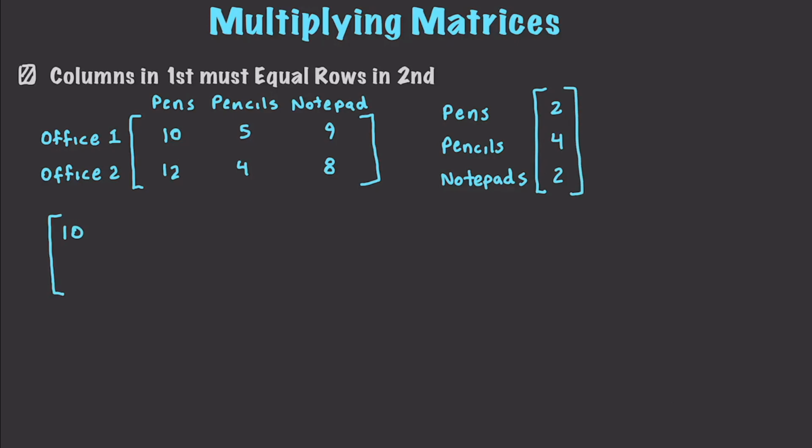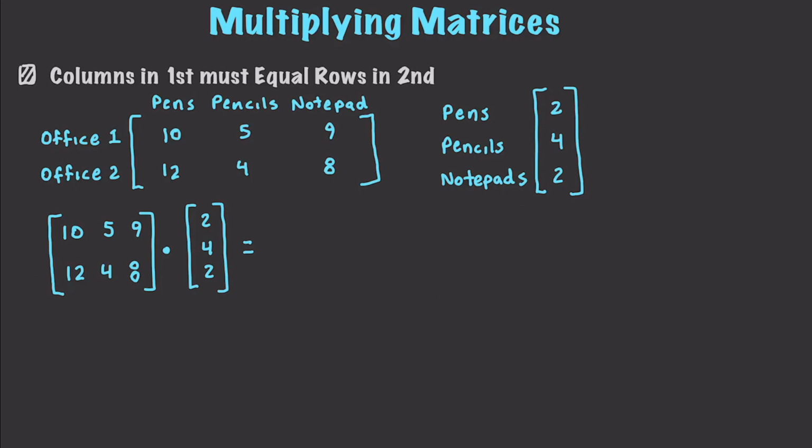So what I can do is take our matrix, which is going to be the request for items. So this will be 10, 5, and 9, and 12, 4, and 8. And I can multiply it times 2, 4, and 2.